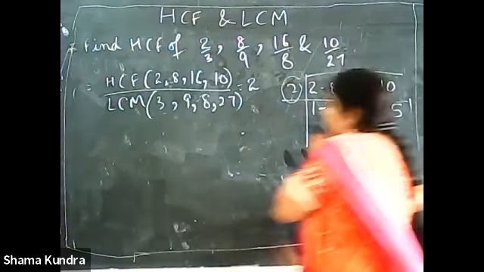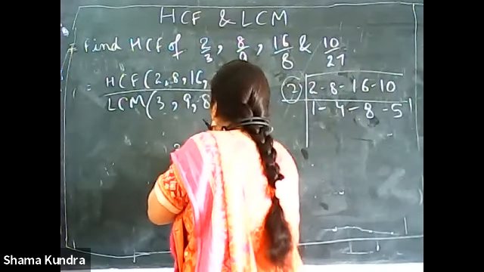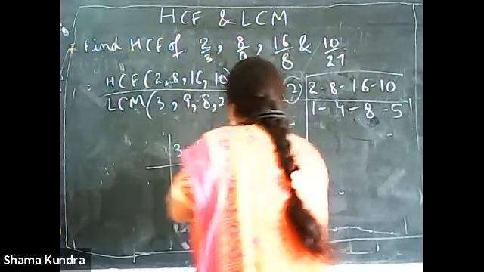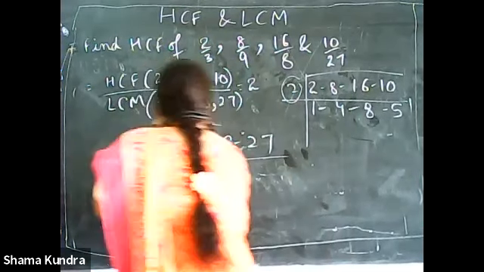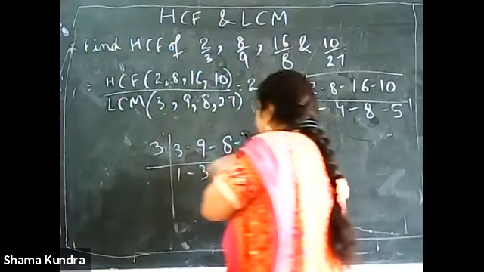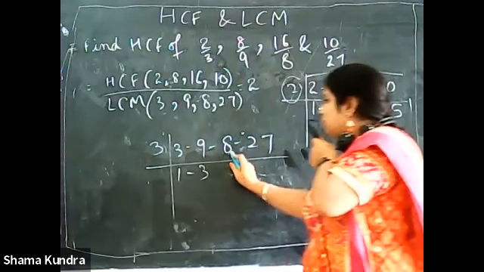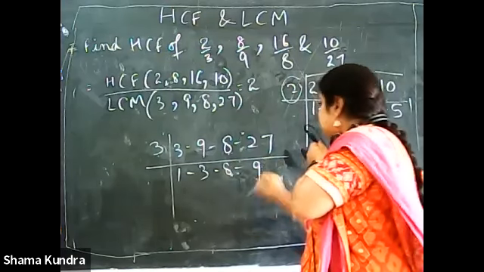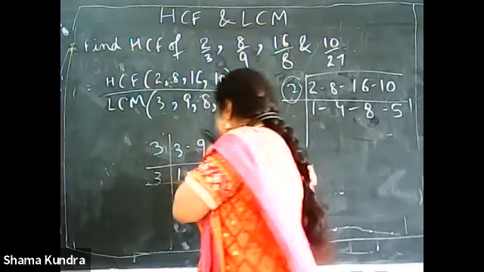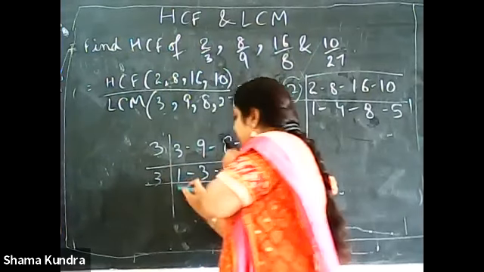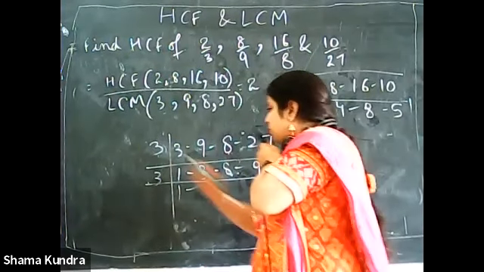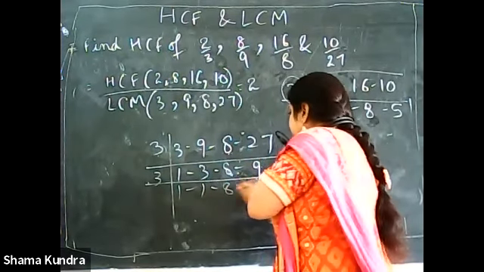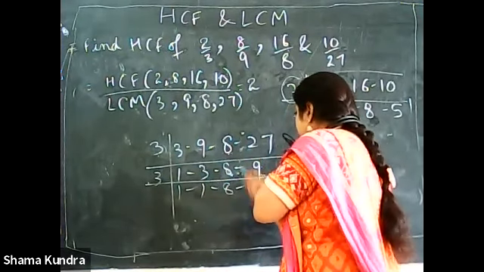Now I want to find the LCM of 3, 9, 8 and 27. See how. First of all, divide by 3: 3 1s are 3, 3 3s are 9. Now 8 is not a multiple of 3, so write 8 as it is. 3 9s are 27. Again with 3, write 1 as it is, as 1 is not divisible by 3. 3 1s are 3, 8 again as it is, and 3 3s are 9.